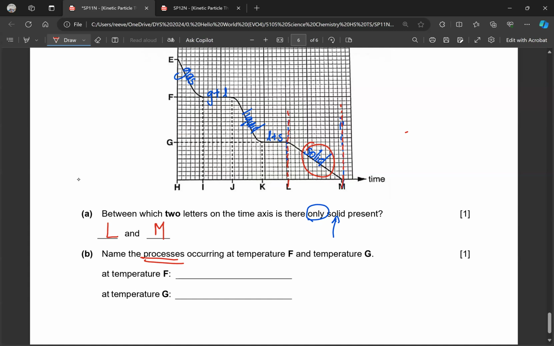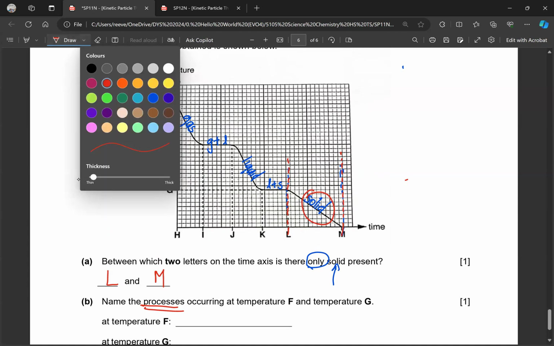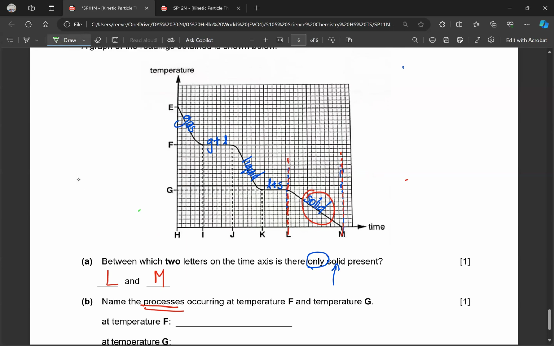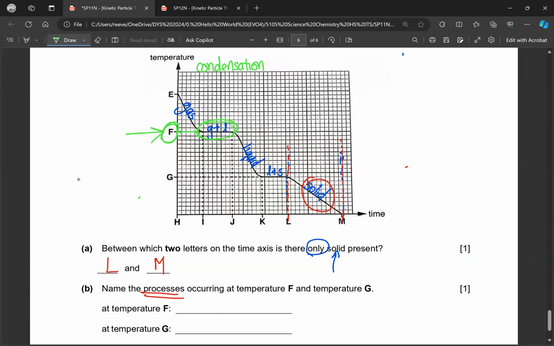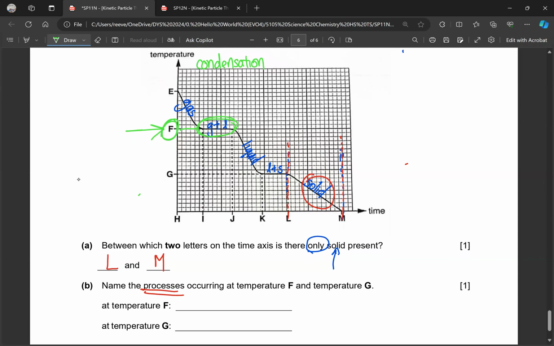So at temperature F, where is temperature F? Let me change the color of my pointer. F is here. At F, this part is condensation. The temperature, I don't know what, maybe 40, 50, they never wrote the numbers.